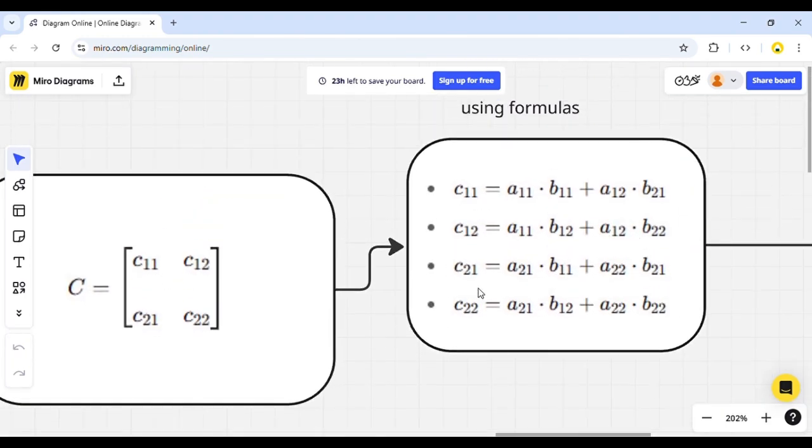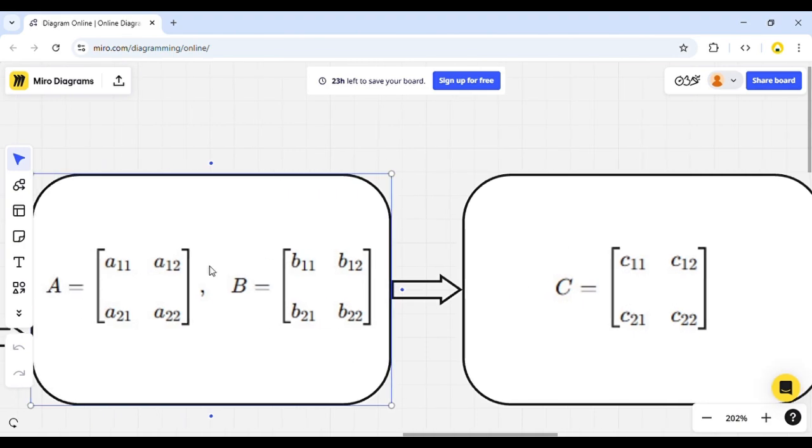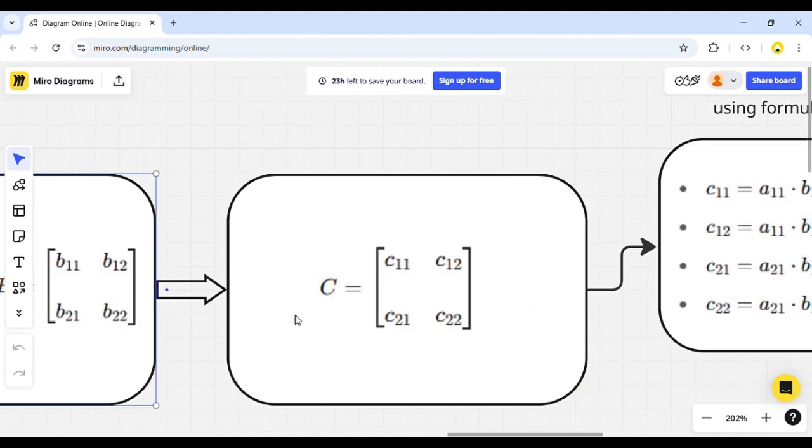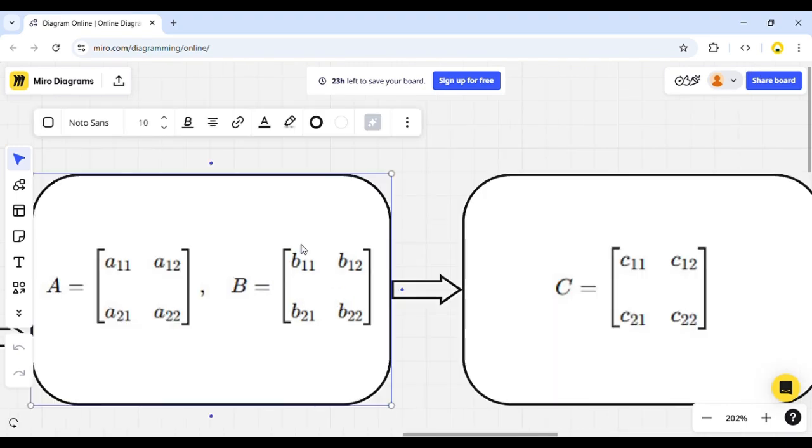C11 is found when we multiply the first row of A with the first column of B, and so on for C12, C21 and C22. This is fine, but it is unable to solve the problems for matrices like 3 by 3 and 4 by 4.